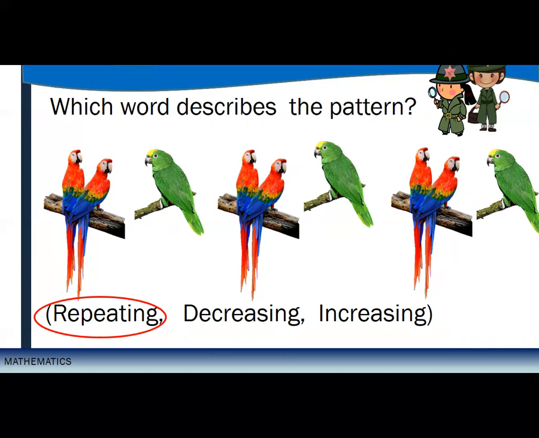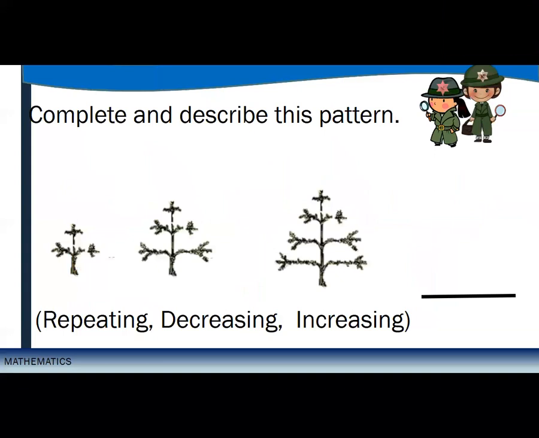So here we have it. 2 red and blue macaws, 1 green parrot, 2 red and blue macaws, 1 green parrot, 2 red and blue macaws, and 1 green parrot. That's our repeating pattern, boys and girls.